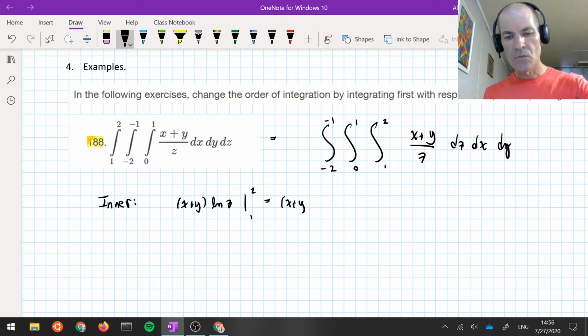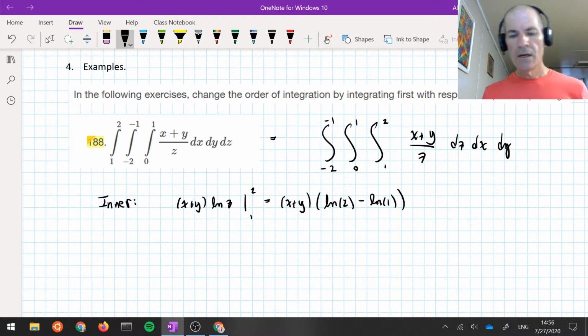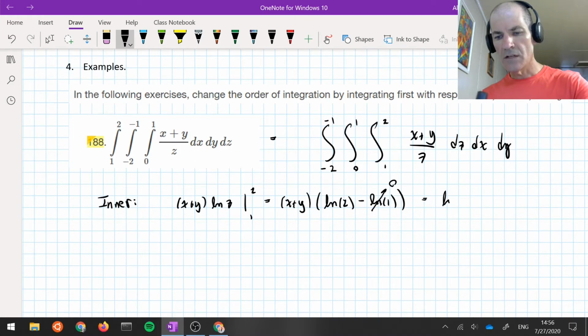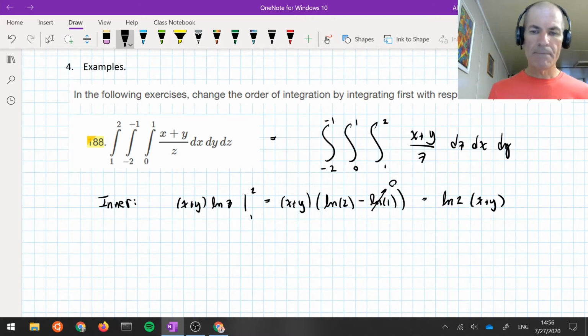X plus y times the natural log of 2 minus the natural log of 1. And recall that the natural log of 1 is 0. And so the inner integral is just this constant natural log of 2 times the expression x plus y. Now we move to the middle integral.